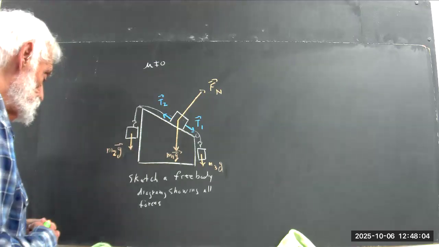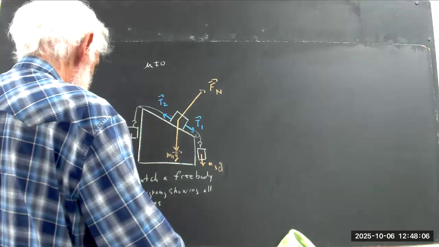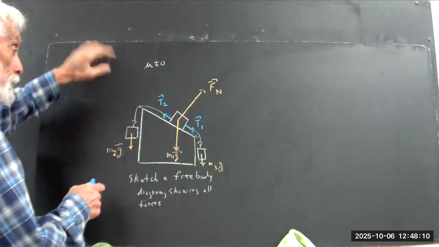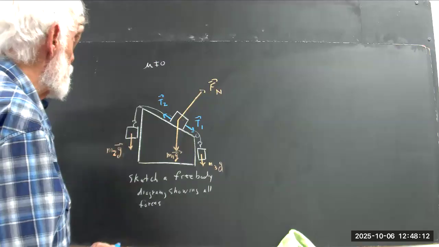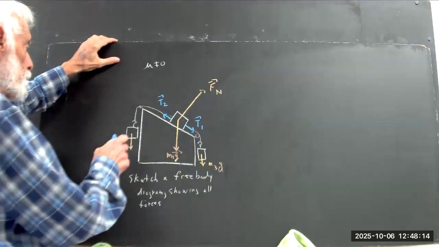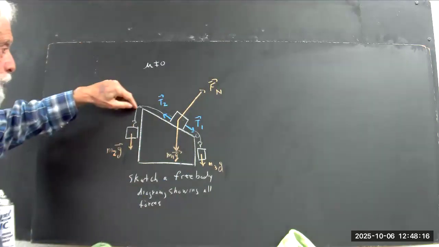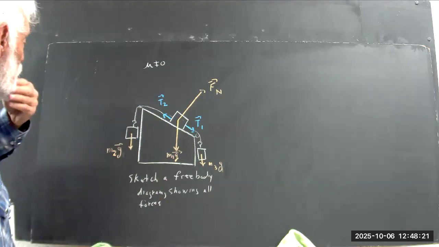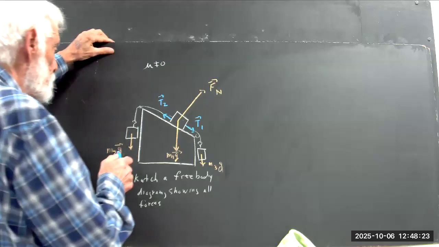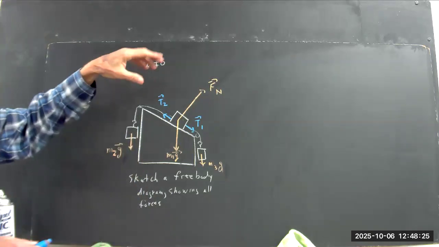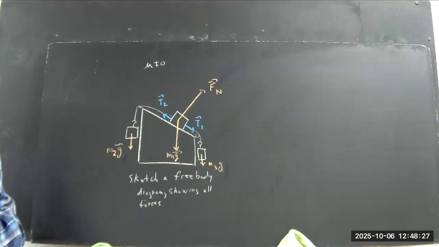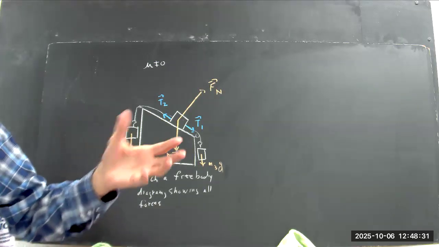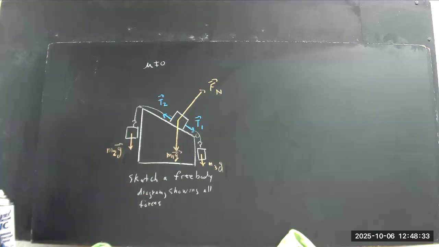What prevents that is an upward tension in each of these ropes. Now, implicitly, these are frictionless pulleys, so I didn't write that down. And if you really wanted to include friction in the pulleys, you could have, but I wasn't expecting it and I wouldn't regard it as necessary.